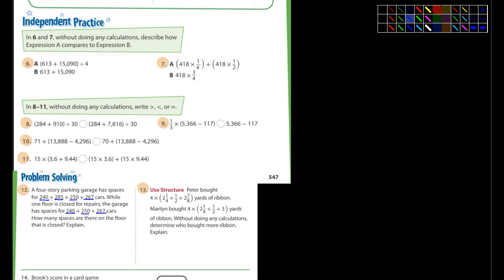So what are we missing here? I'd say we're missing the 285. How many spaces are there on the floor that is closed? Well, I just said it. It's 285. So you'd write 285.